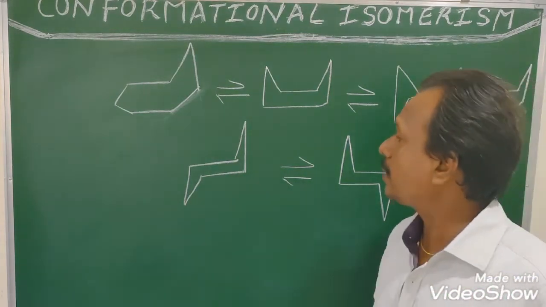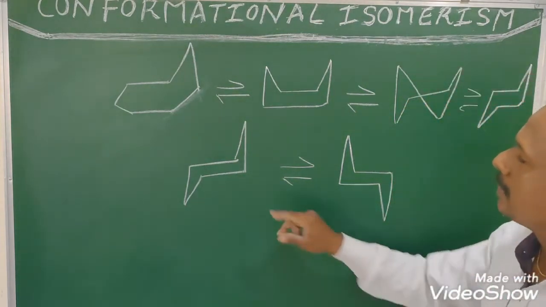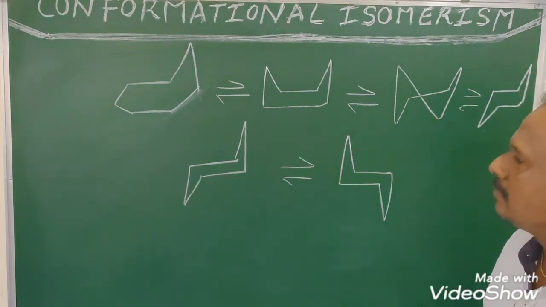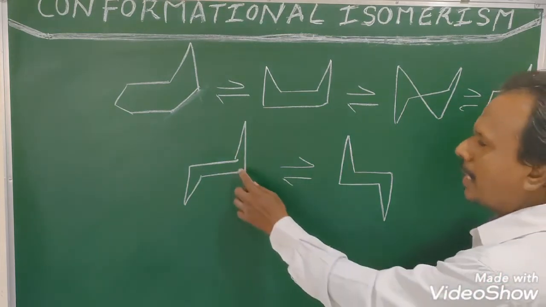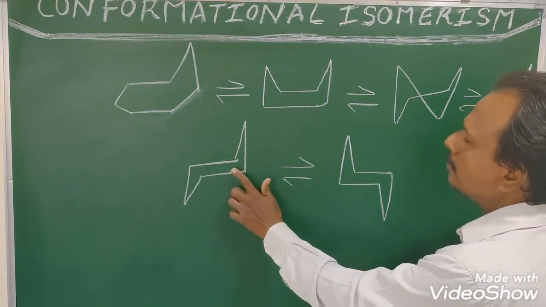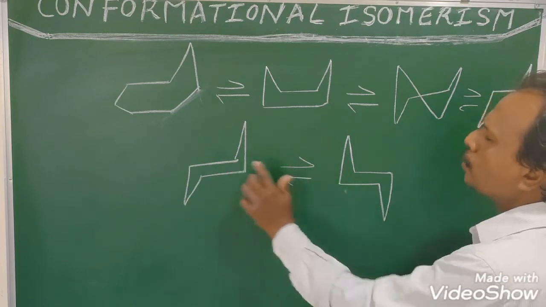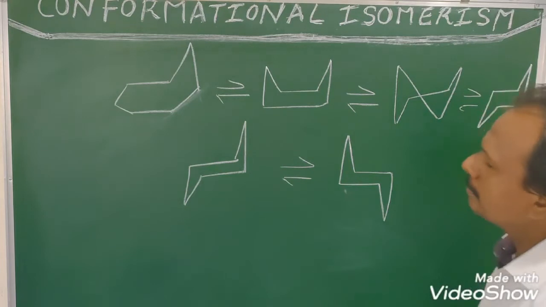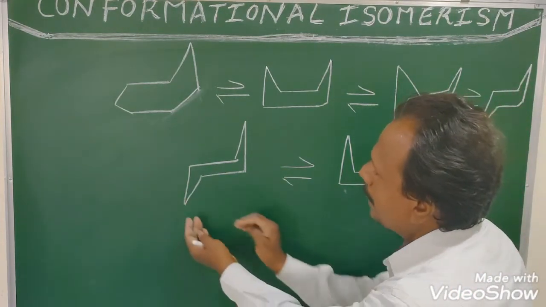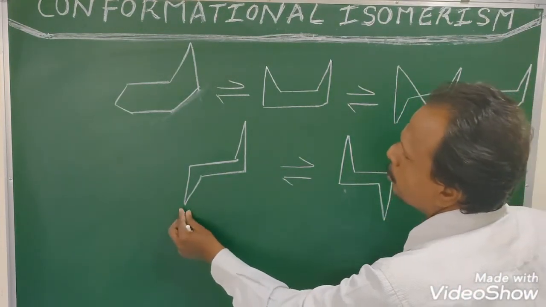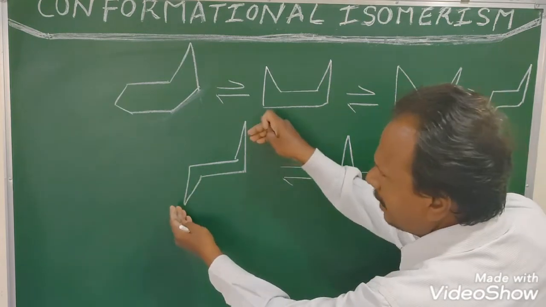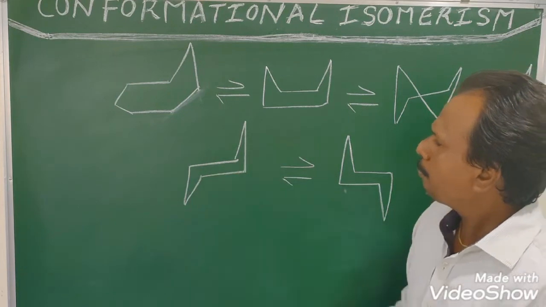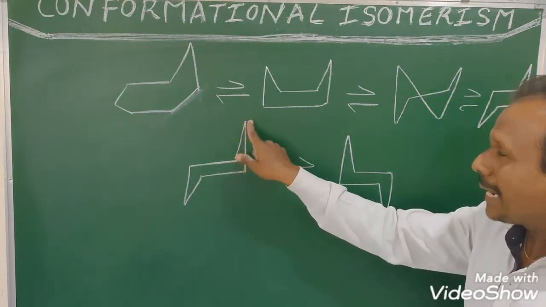Two chair conformations are possible, two identical chairs. These two are identical chair conformations, and they rapidly change to one another. The intermediate is the boat form. It is called flipping. Here this part moves upward, and it is called the headrest.